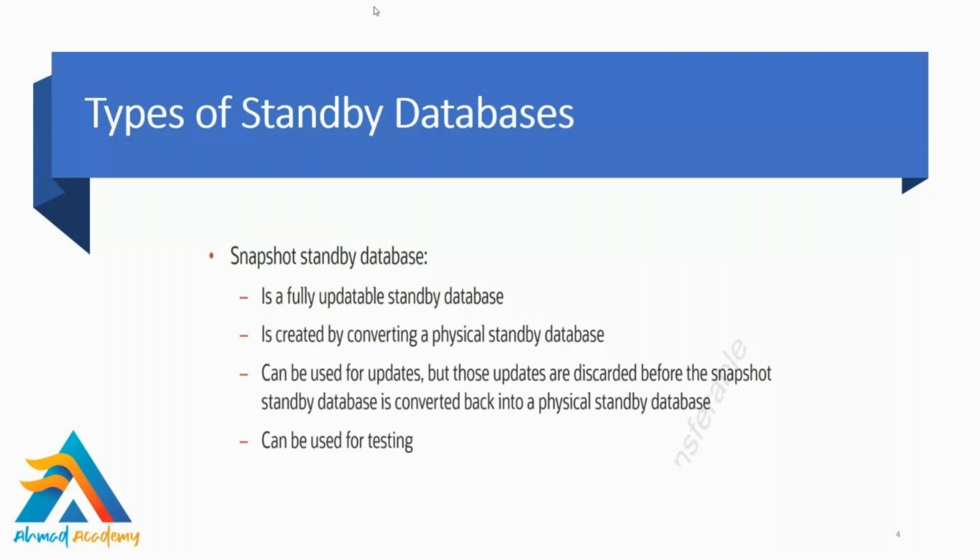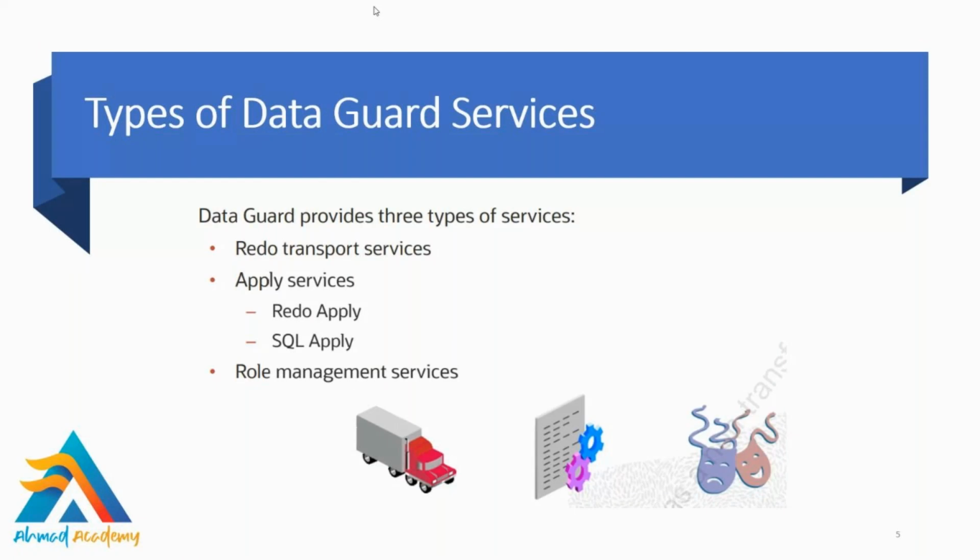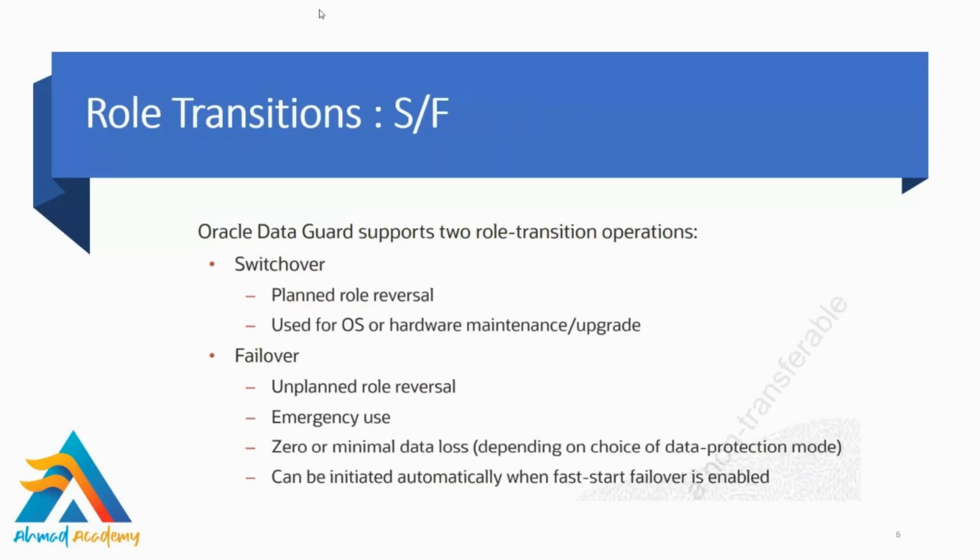And types of Data Guard services. We have redo transport services, apply services, and role management services. All these services we will see in the session. And for role transition, we basically have two concepts, switchover and failover. Switchover is a planned activity, where we upgrade the OS or do hardware maintenance.